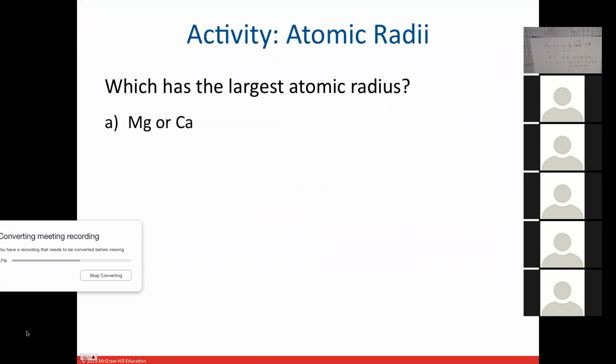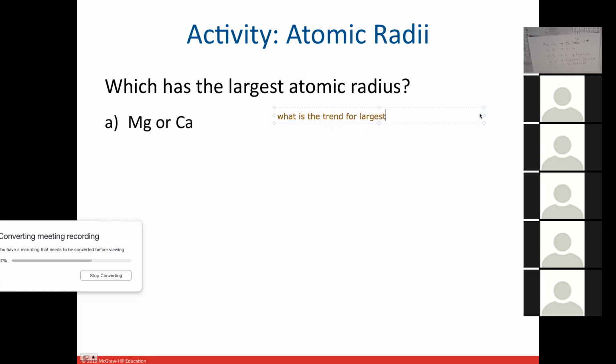Yes. All right, so there we were playing with the same idea. Which has the largest atomic radius, magnesium or calcium? You do the same thing. Before you do it, you have to say to yourself, hey, wait a minute, what is the trend for largest?